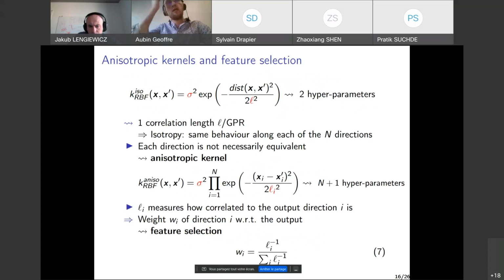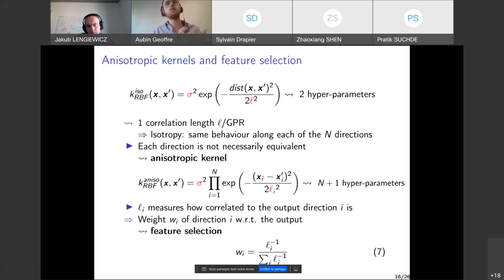The problem now is that in the example I have shown, the kernels are defined with only two hyperparameters. So this means that there is only one correlation length for all the data. This is equivalent to assuming isotropy, in the sense that the same behavior is assumed along all of the n directions.